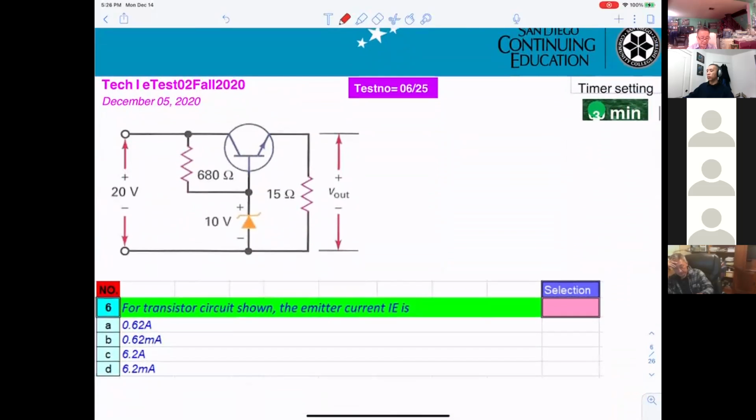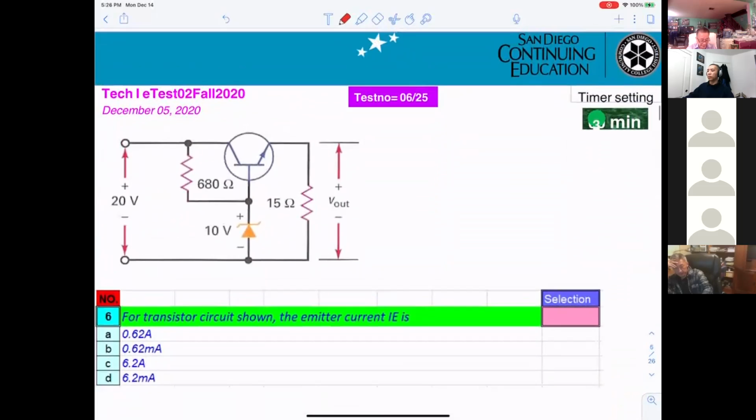Same circuit, and they want to know the current IE. This is number 6. A. Hey, very good. That is the right answer.